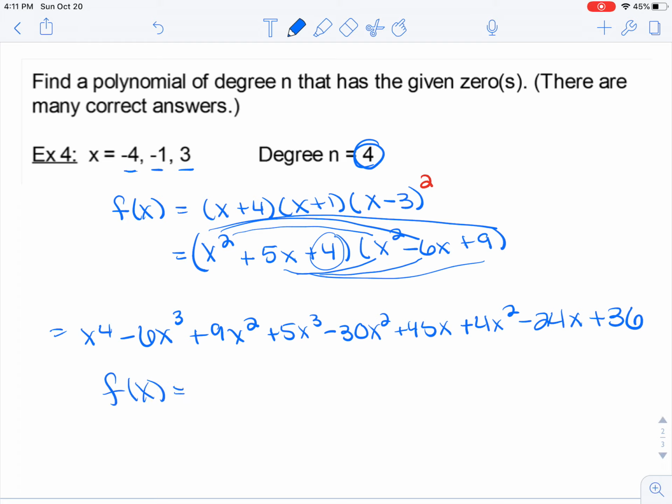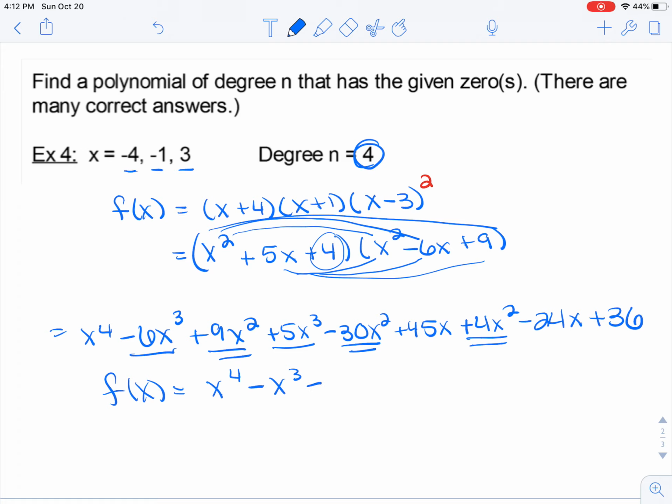So last step is just to combine like terms. So it looks like I only have x to the fourth. And then here I have negative x cubed. And then we have 9x squared, negative 30x squared, and then 4x squared.